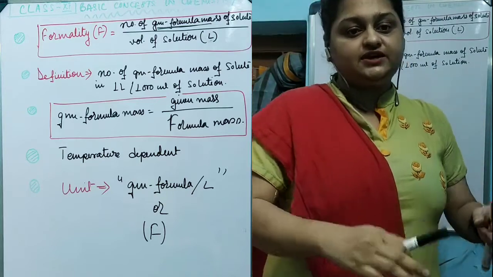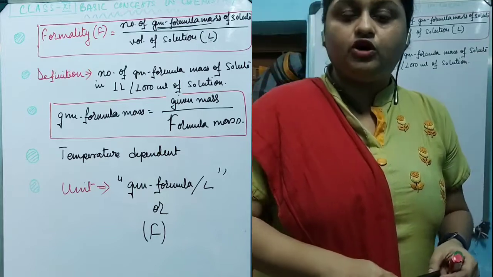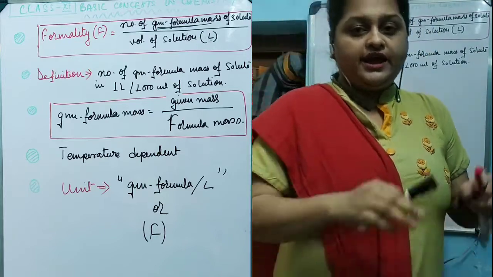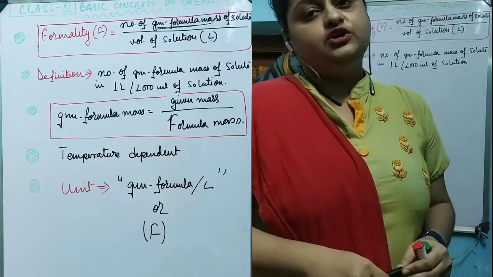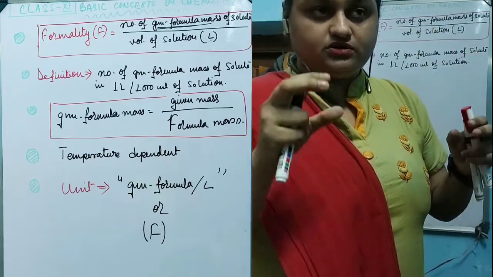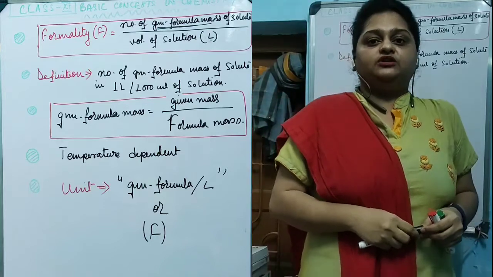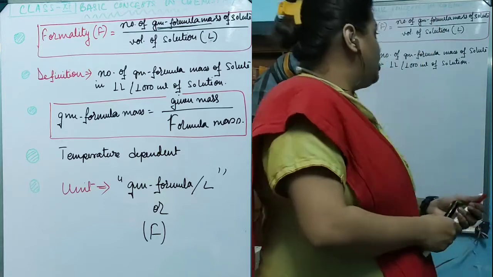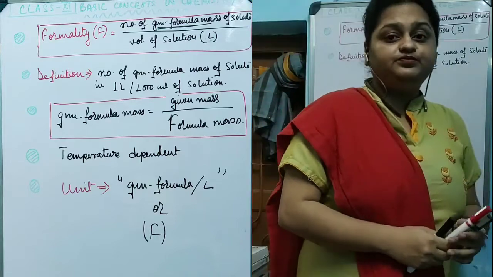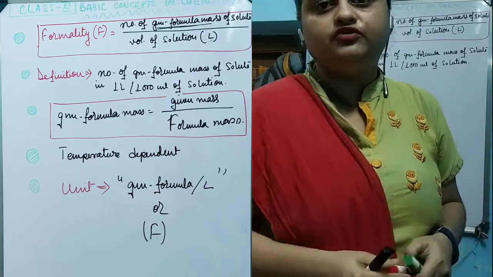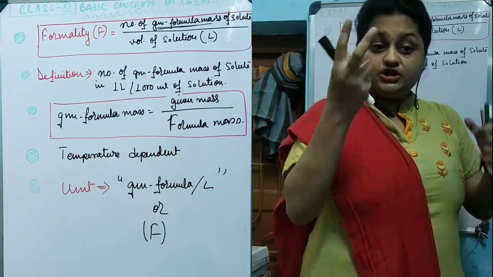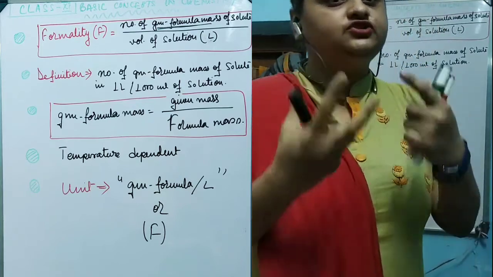For this kind of compound which stays in a crystalline solid form, the formula mass concept has been applied. Hence, a new type of expression has been adopted by the chemists, known as formality, which represents the strength of a solution containing a solid solute that stays as a crystalline solid.